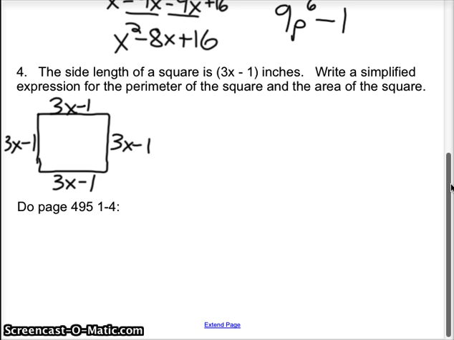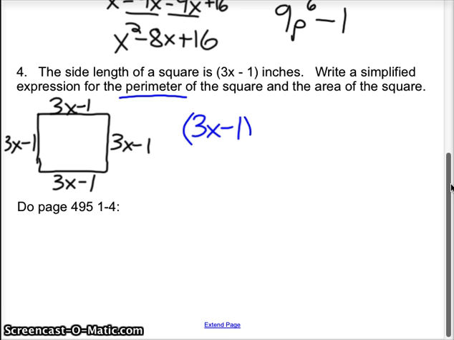Right, so I'm going to focus on the perimeter first. Well, the perimeter, what are we doing? We have that 3x minus 1. Now, for the perimeter, we're adding up every side length, okay? So we're adding up that 3x minus 1 four times.